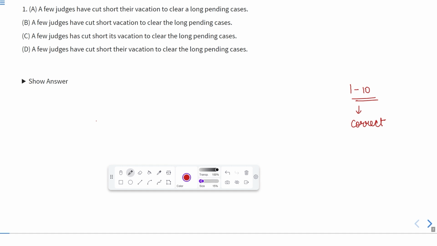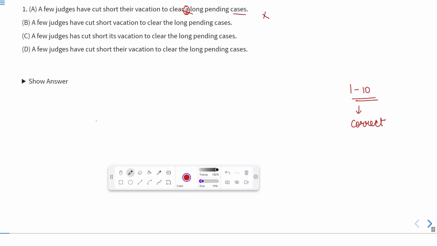Now here it is written cases, whereas a is used for only one thing. If the noun is singular, we can use a or an. But here we are talking about cases, not one case. Therefore this a is incorrect, and the first sentence is incorrect.